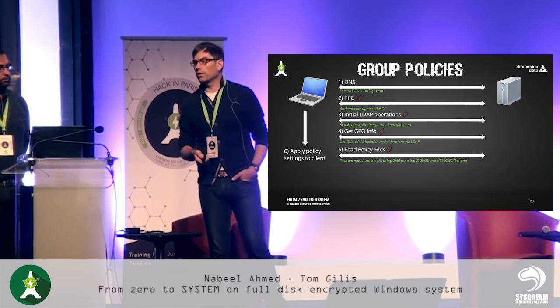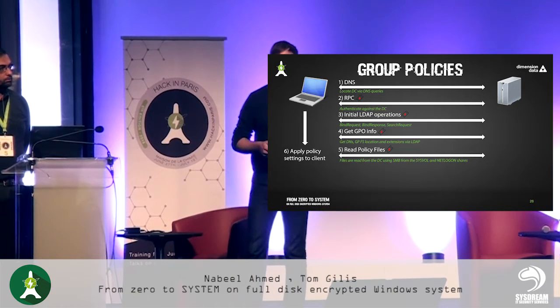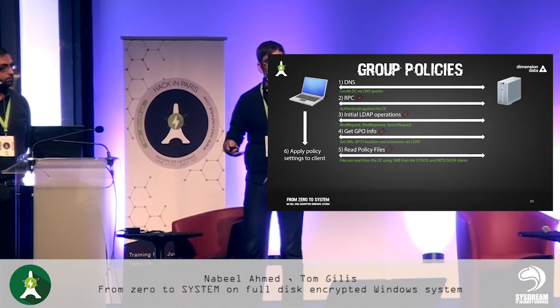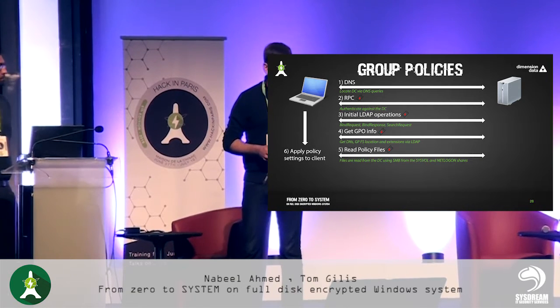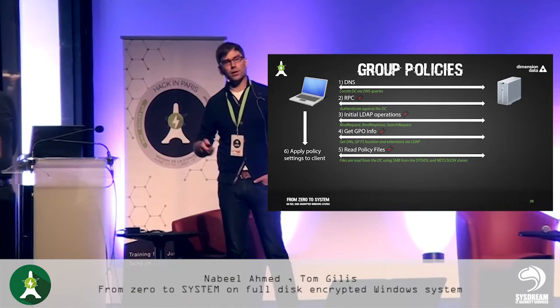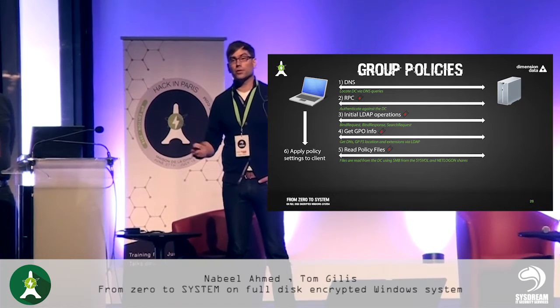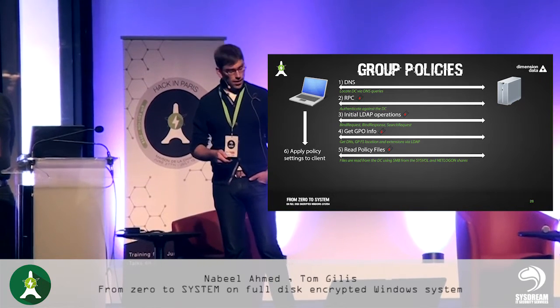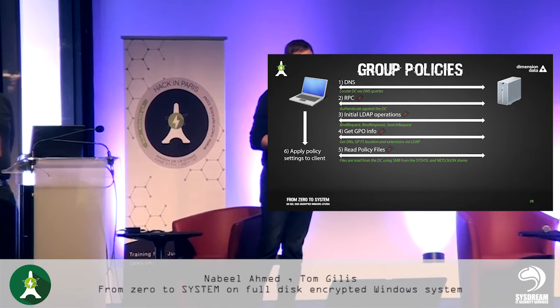It continues along with some various LDAP connections, retrieving a list of all the GPOs on the system, and then, via the same LDAP connection, it's also going to get some information about the various GPOs on the system. And then lastly, it's going to read the GPOs.